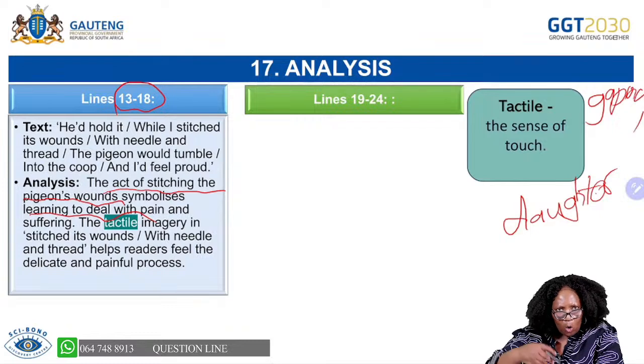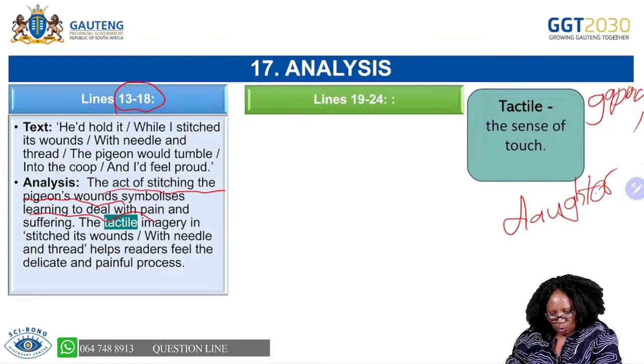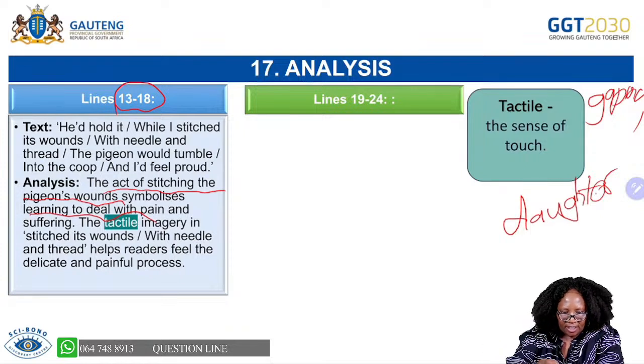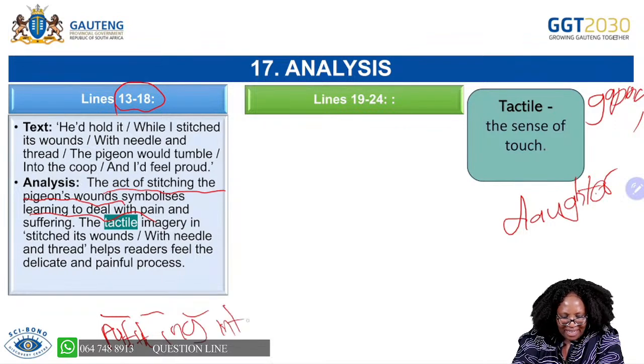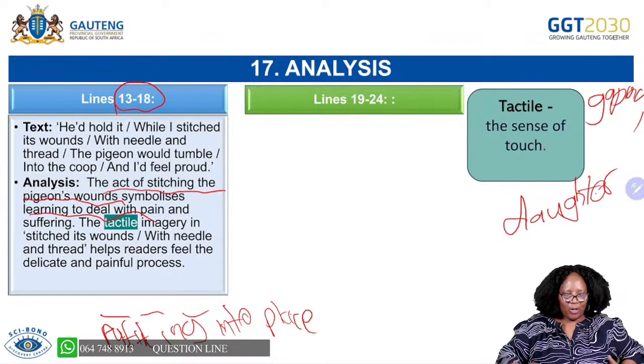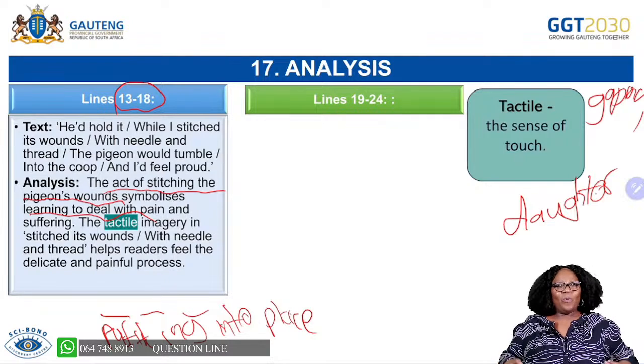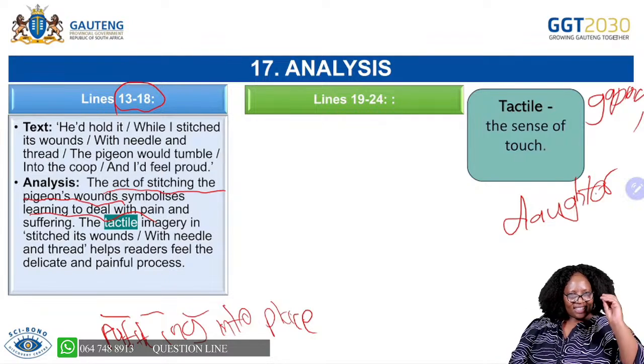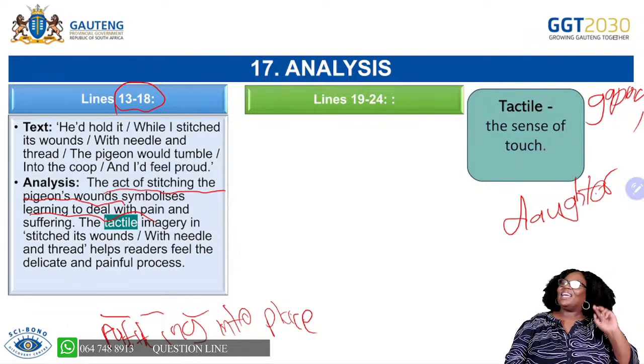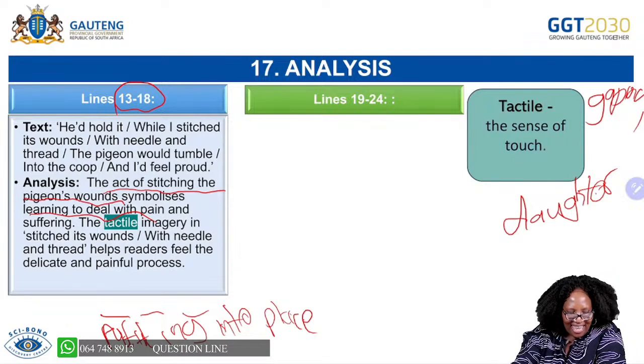The father will hold the pigeon and will instruct the daughter to stitch it, putting that wound into place. And Beverly would be so proud of herself when the pigeon lands in the coop and is nursed to health.